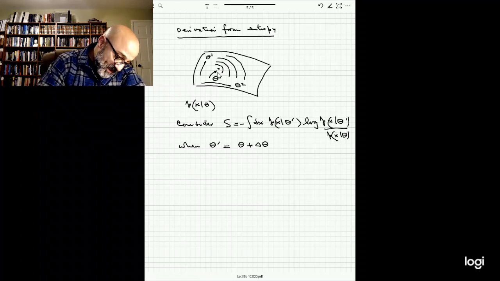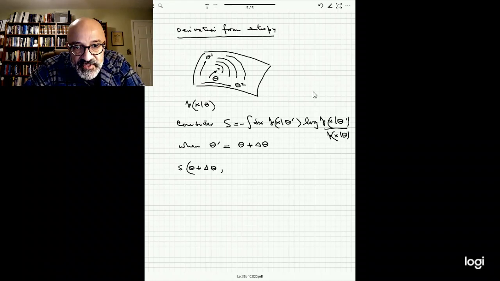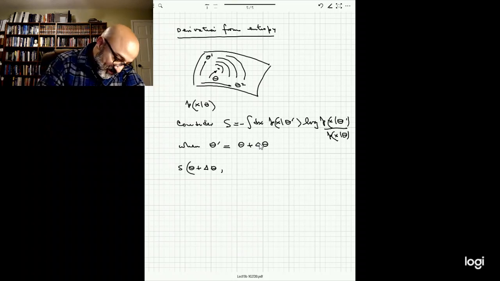So I'm going to write the entropy of the distribution theta plus d theta relative to the distribution theta.